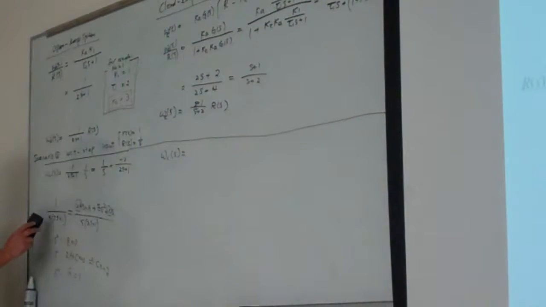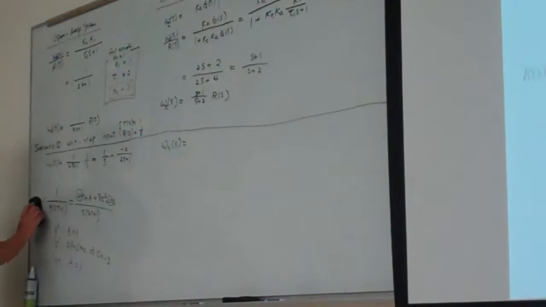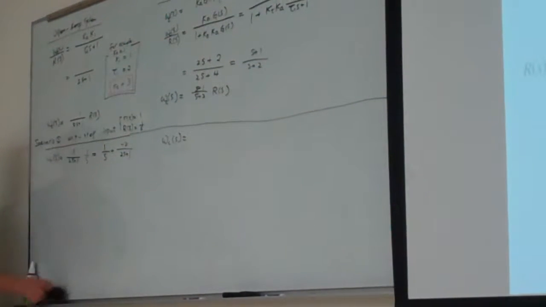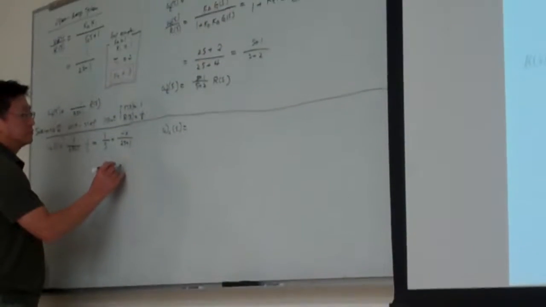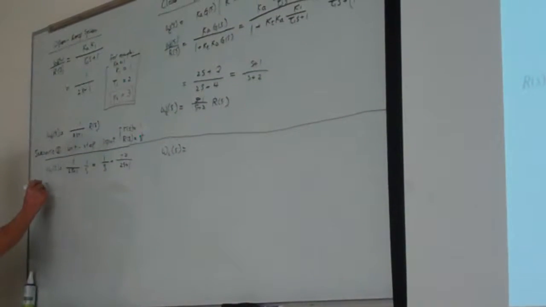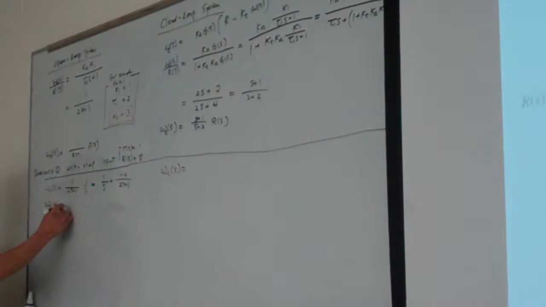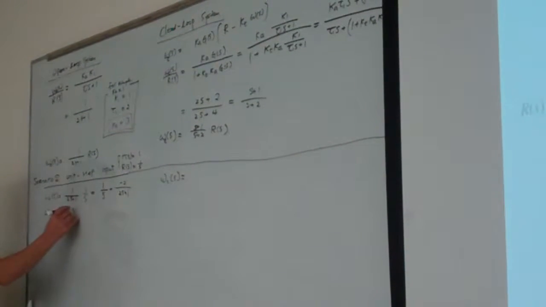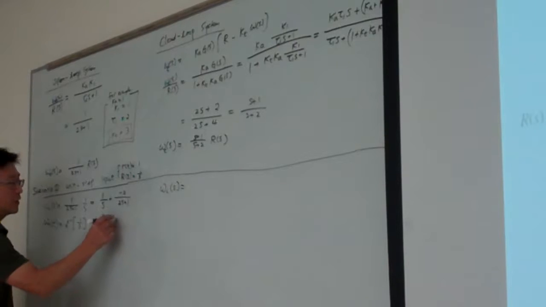Any mistakes? Yes, I think the result is right. Okay, so here the omega O, we take the inverse Laplace transform. For this one, that will be equal to the inverse of 1/s plus the inverse of minus 2 over (2s plus 1).